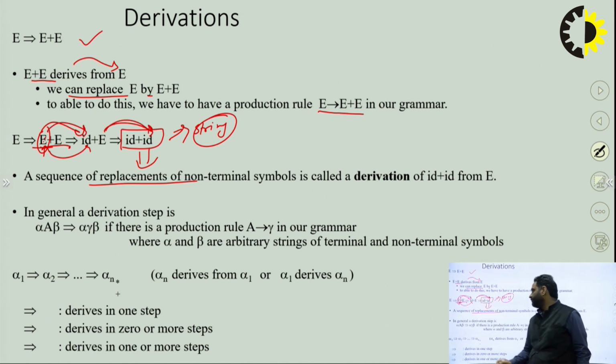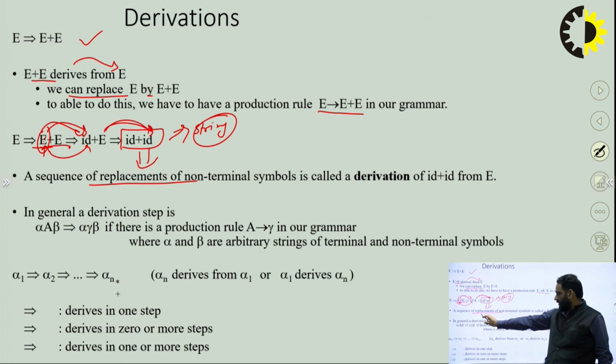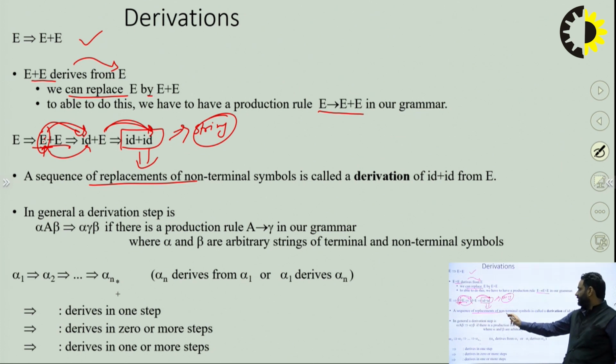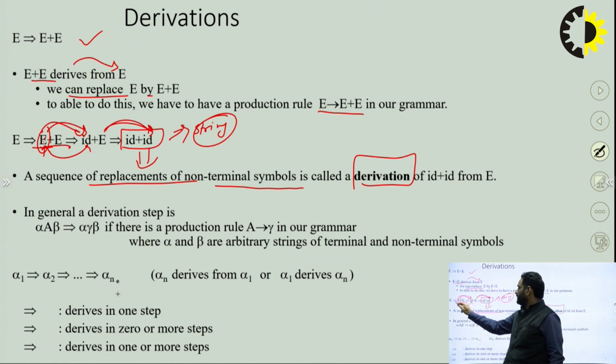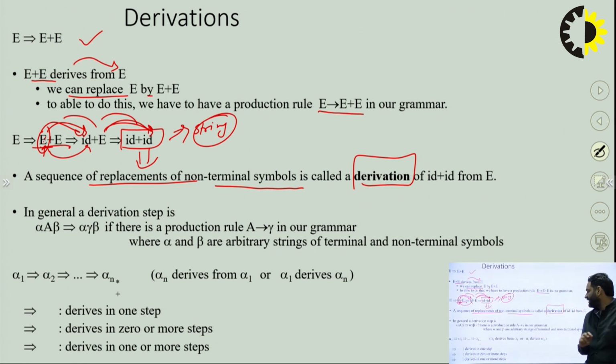So we get a number of replacements. A sequence of replacements of the non-terminal symbol is called derivation. This whole process, step 1, then step 2, then step 3, is known as derivation of what? Of a string from the given start symbol. So this is the complete procedure in which we start with the start symbol up to the given string.